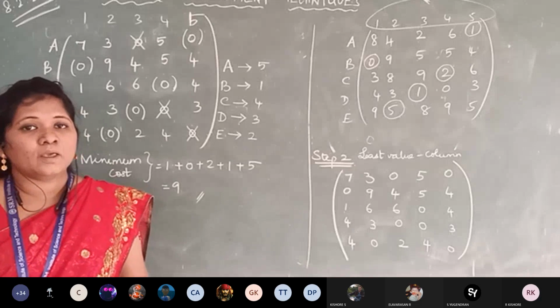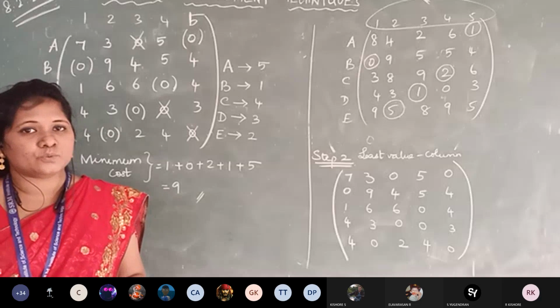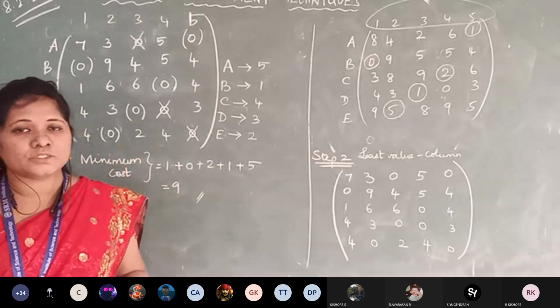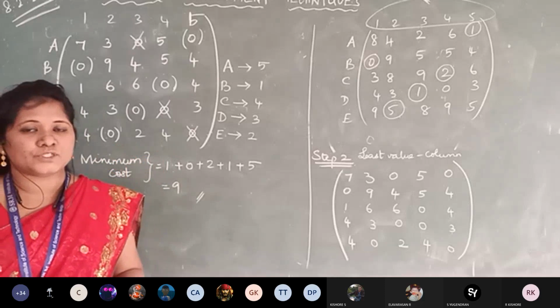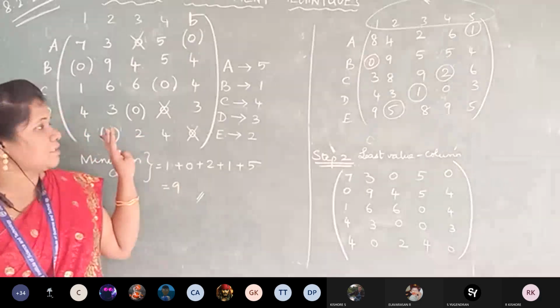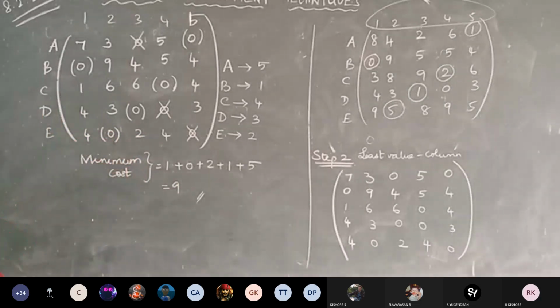That will be your step 1. Then column-wise, you will see your minimum value, that is step 2. You will try to allocate. For each row, you should have one allocation. For each column, you should have one allocation. If you don't have, that is another procedure. But since we have got it, you see it and write it. If you've got any doubts, you can ask me.